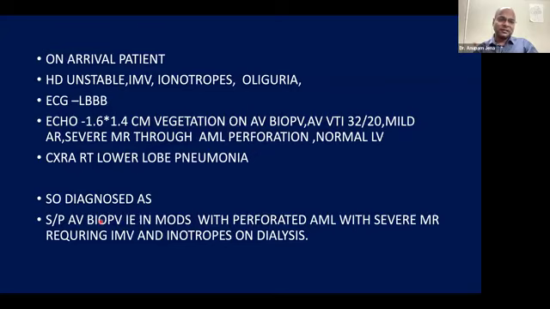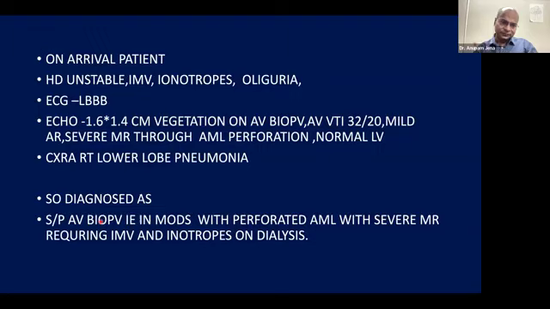However, when he landed up in our emergency, he was hemodynamically unstable on inotrope. There was acute kidney injury. ECG was showing LBBB. There was a healed vegetation on the aortic valve, the gradients were okay, mild AR, and there was a severe MR, and we could appreciate that there was an AML perforation.